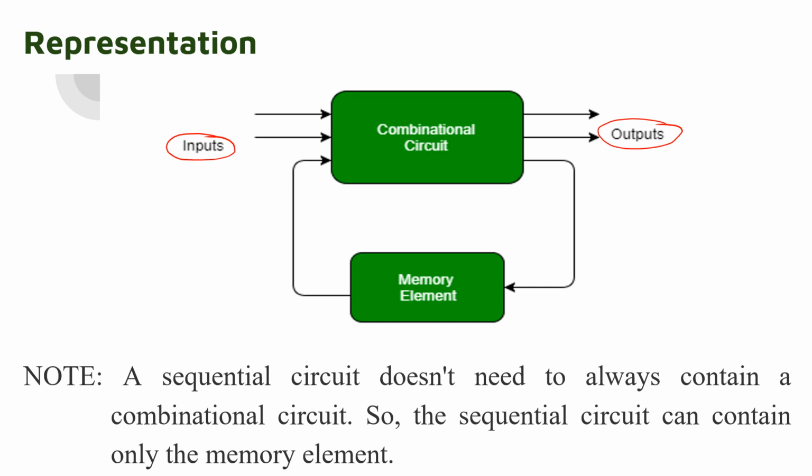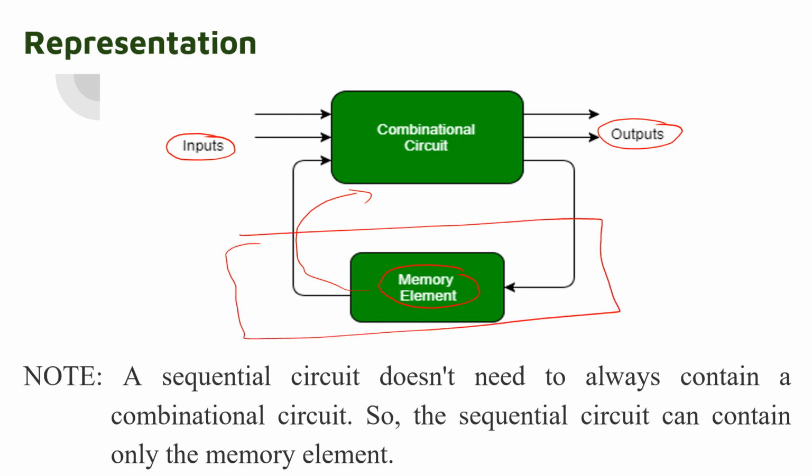The previous outputs are stored in this memory element and again forwarded to our combinational circuit. Therefore, this part we can treat as the feedback path. This path was absent in combinational circuits, but it is present in sequential circuits. That is the main difference. From now on, in all our sequential circuits, this feedback path exists.